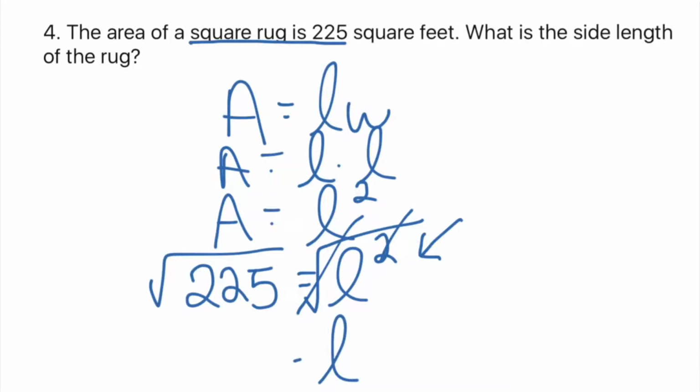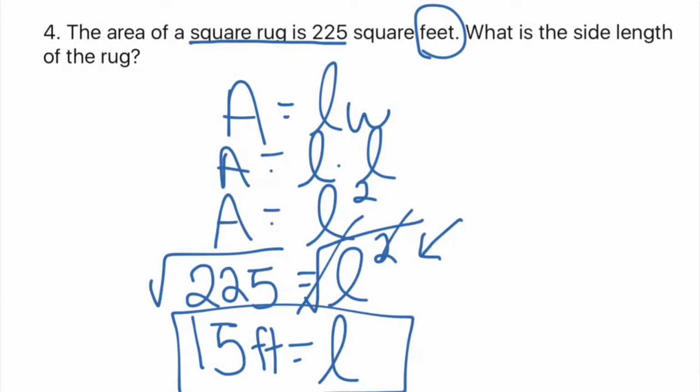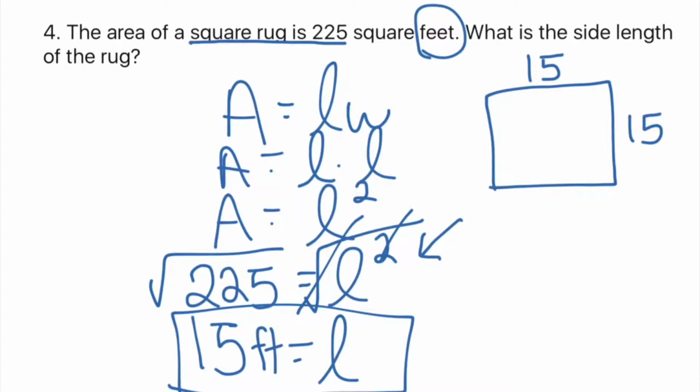So therefore, length equals 15, and it was in feet, so make sure you put your units. So 15 feet is the length of each side. And that makes sense if you had a square rug and each side was 15. 15 times 15 would give you an area of 225.